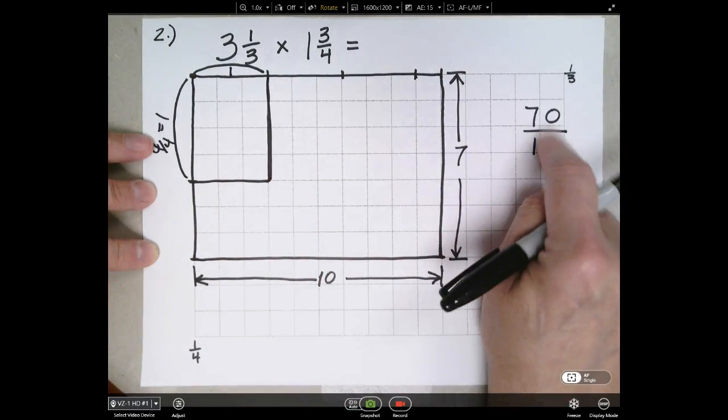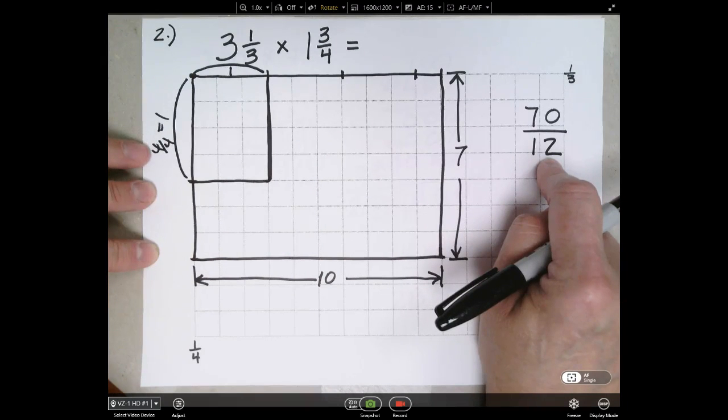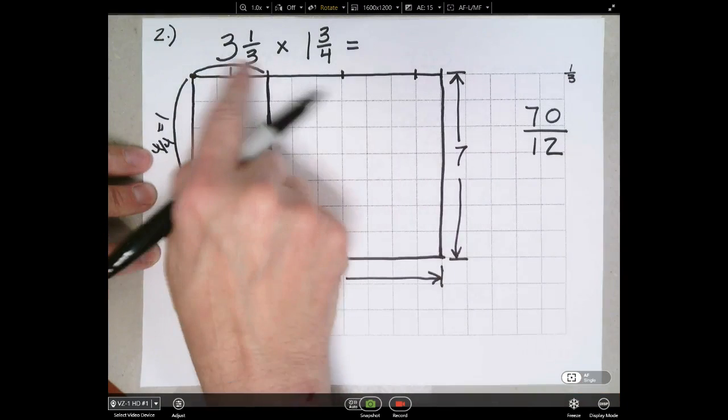So our answer should be 70 over 12. And again, let's look at where those numbers come from.